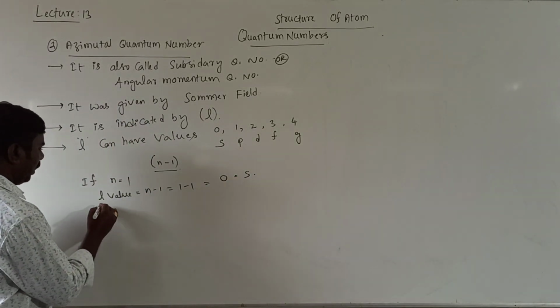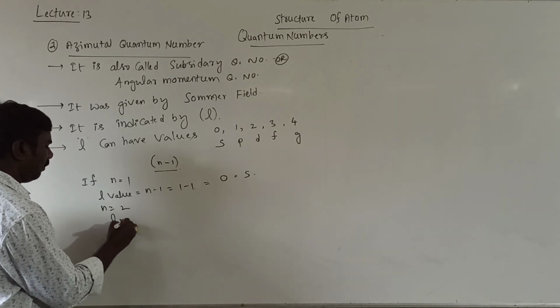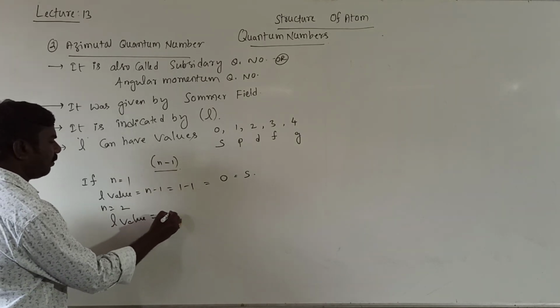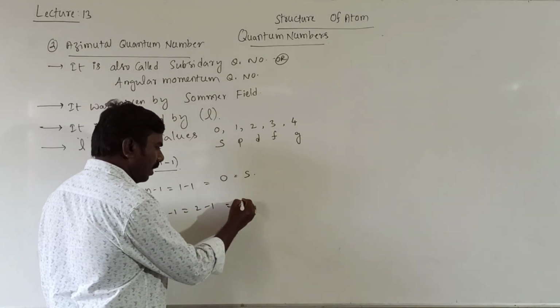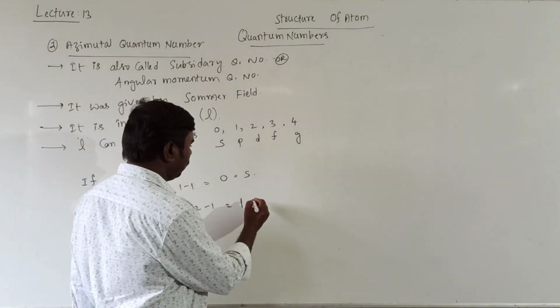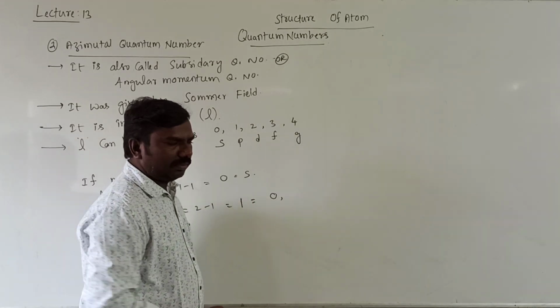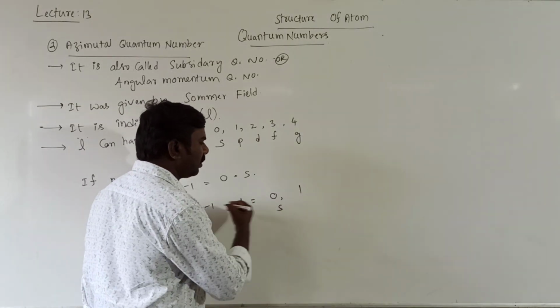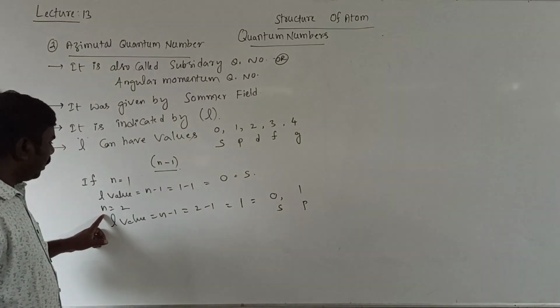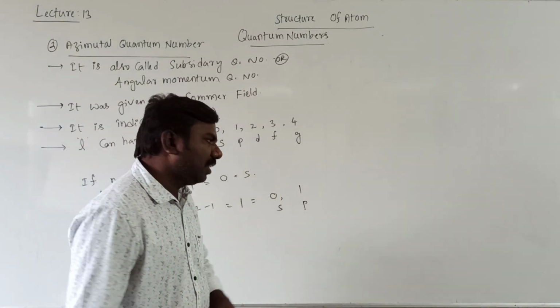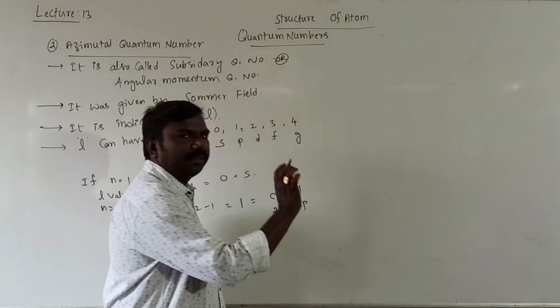Next, n equal to 2. The l value may be n minus 1, so 2 minus 1, it is 1. So 0 and 1: 0 means s, 1 means p. Correct? n is equal to 2 means second shell, that's why it is 2s, 2p.